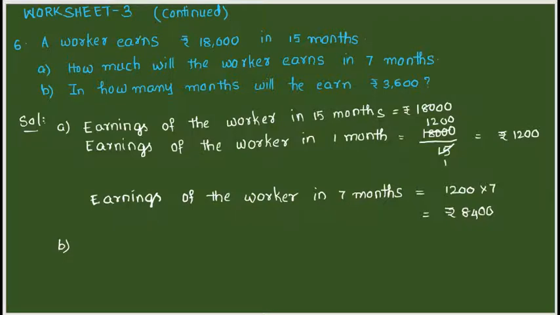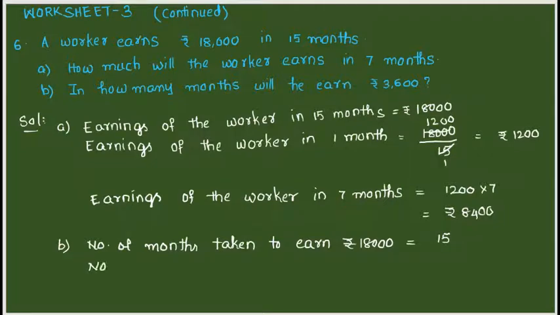A worker earns 18,000 in 15 months. That means the number of months taken to earn 18,000 equals 15. Now let us write the number of months taken to earn 1 rupee.